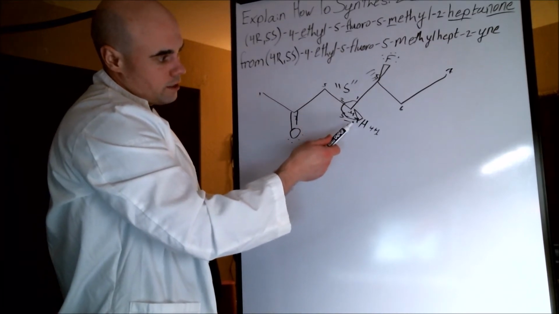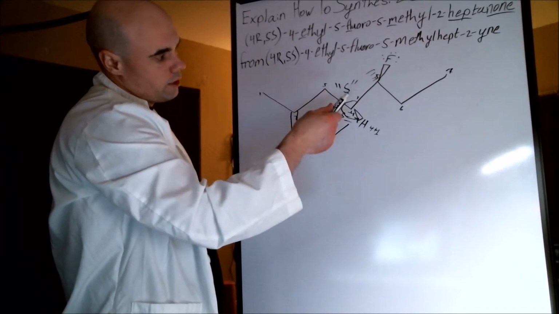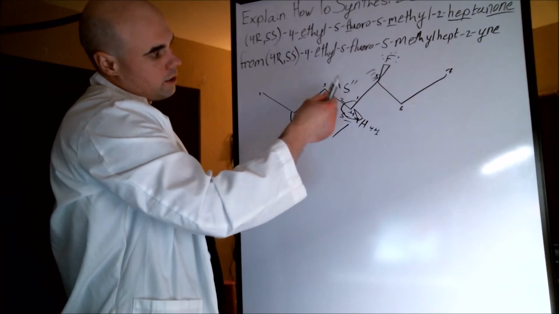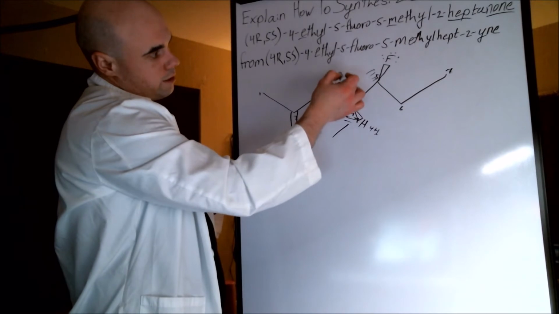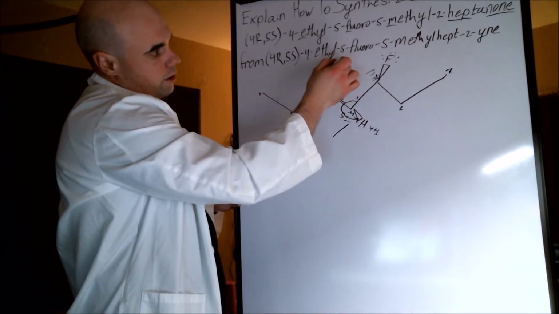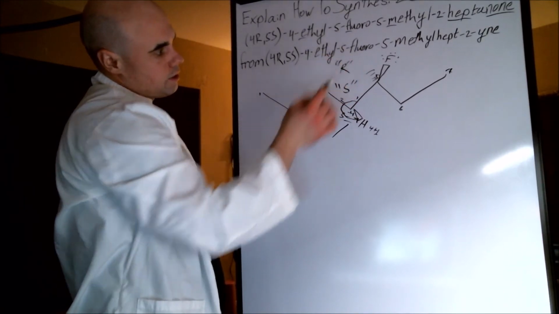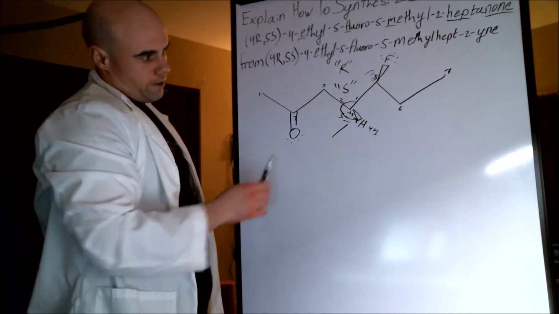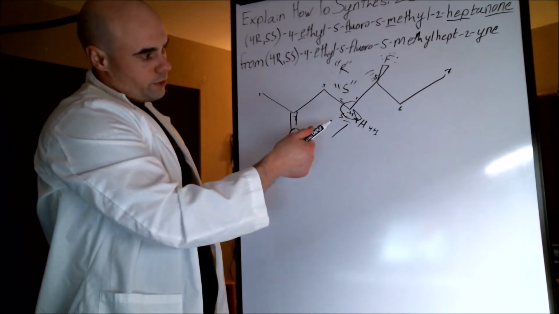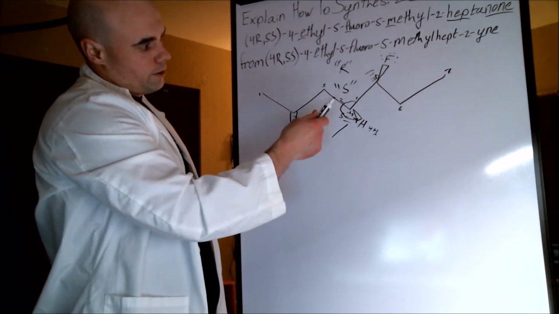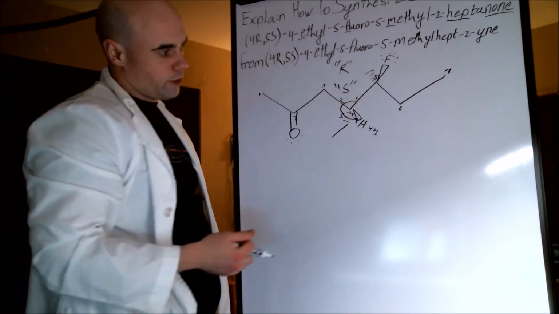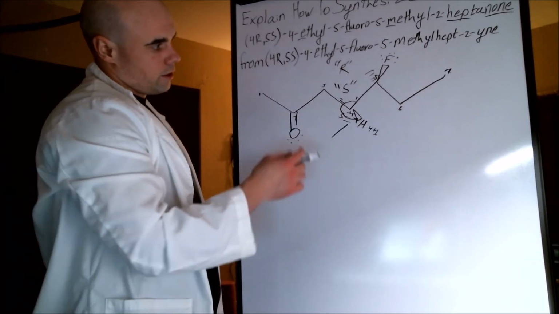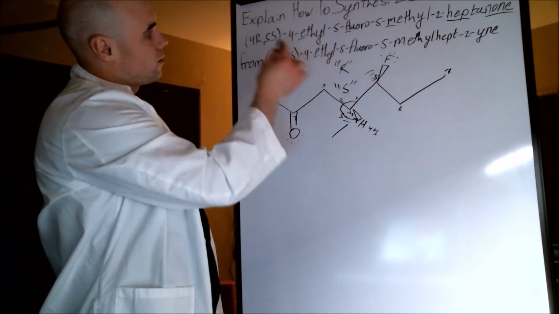Otherwise, if it's not in the back, then you have to flip it, and our lowest priority is not in the back, so we have to flip that into an R. If the H had been in the back, it would still be this way, but we wouldn't have to flip it. So we flipped it, it's R, that is correct.